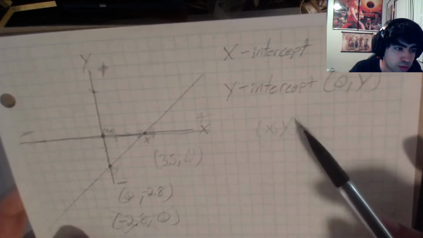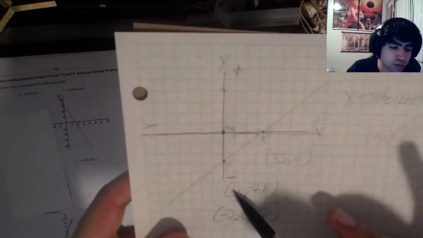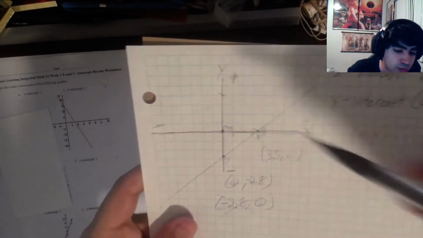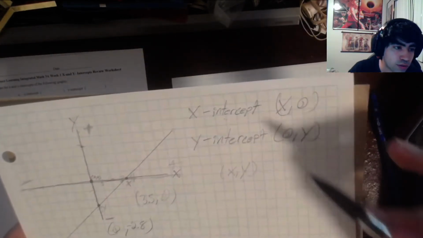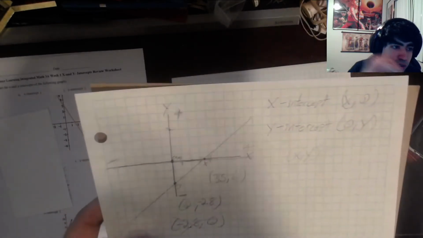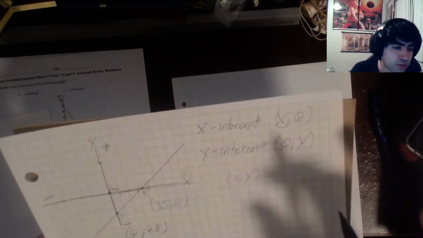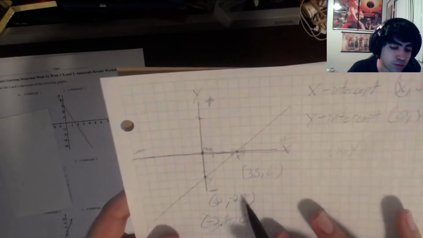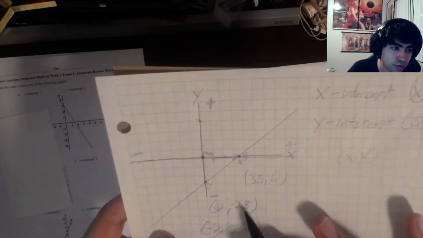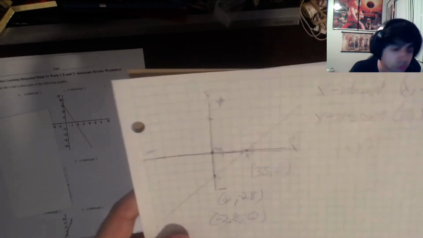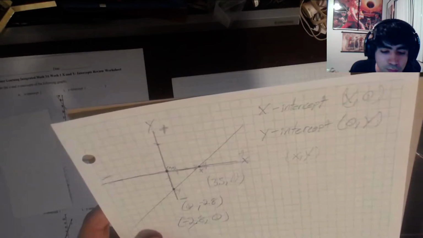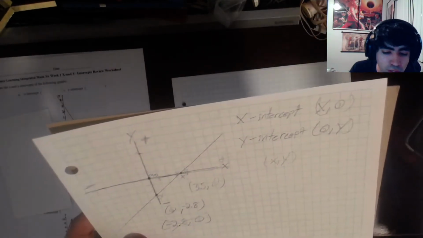X goes first, y goes second. What is your x value at the y-axis? It's always 0. At the y-intercept, the x value is always 0. And this is what we have. 0 is first, your x is first, your y is second. X is 0, y is -2.8. That's what it looks like.